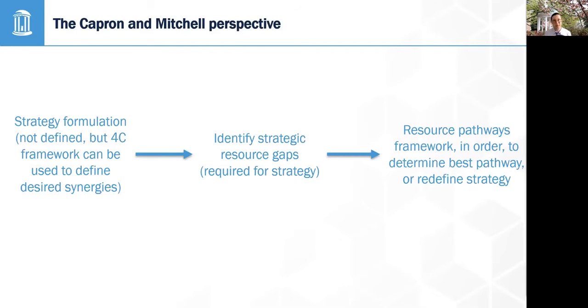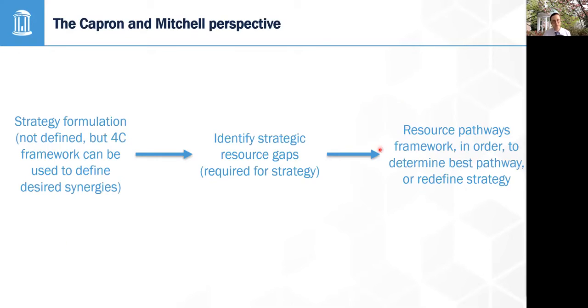With the Capron and Mitchell perspective, this is the resource pathways framework. Instead, you start with a specific resource gap, which comes from the synergy or synergies you're trying to create. You have some strategy. You identify the resources that you need for this strategy that you don't already have.